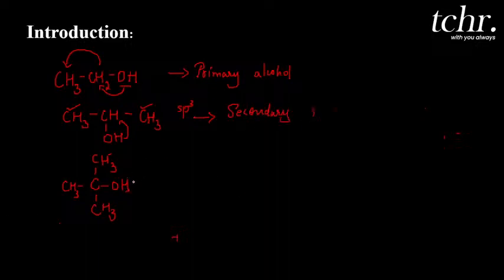Now, what about the next example? The functional group is bonded to an sp3 hybridized carbon atom, which is further attached to how many alkyl groups? Three alkyl groups. If the sp3 hybridized carbon atom is further bonded to three alkyl groups, we call it a tertiary alcohol. Is it clear, students?